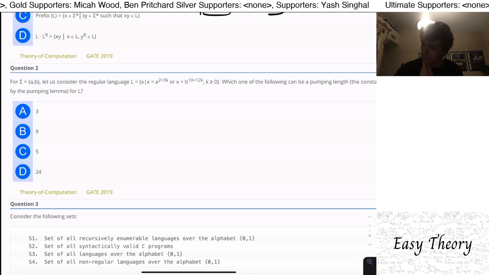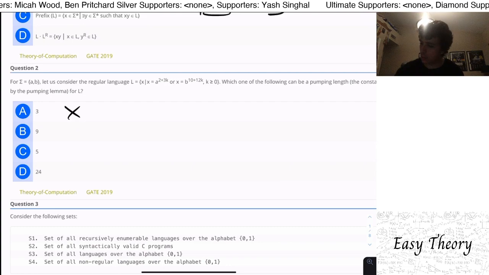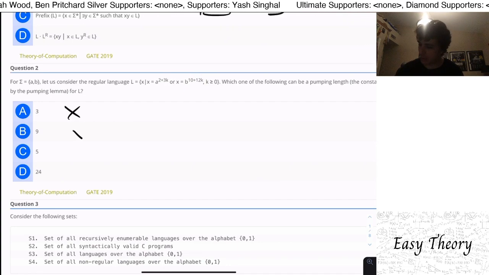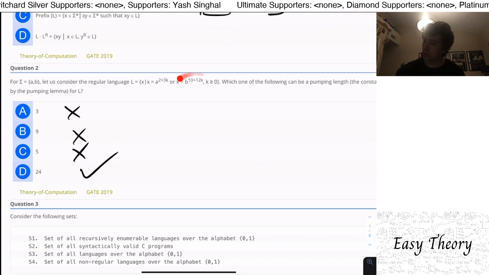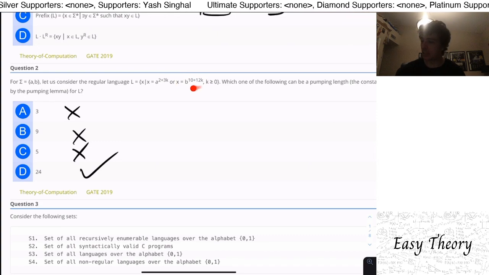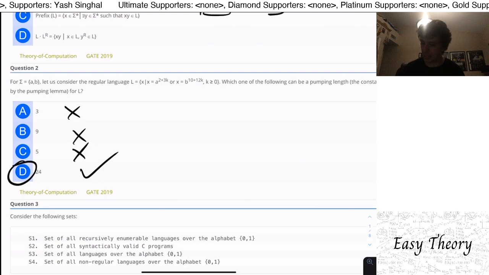Well, I don't think it can be 3, because you need to have at least 12. So for that reason, I don't think it's any of these 3. So I think it's this one, because in order to get the strings that are a multiple of 12 plus 10, you need to have at least 12 states to start with. So D is the answer for that one.